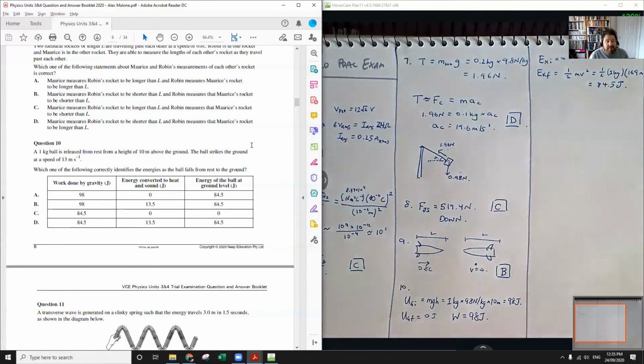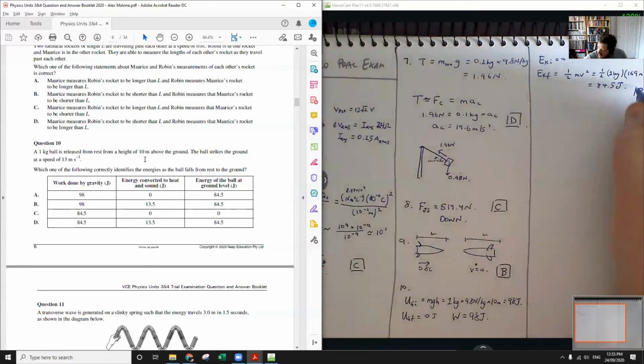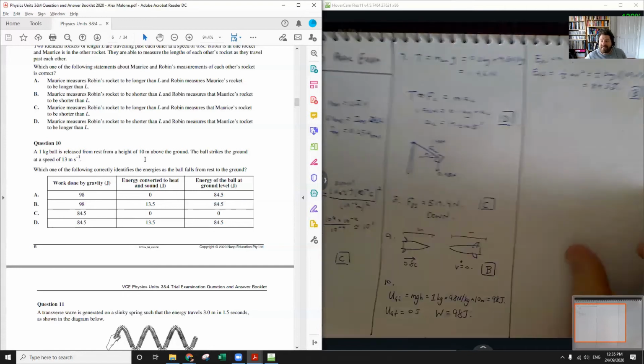Okay, so we know that gravity did 98 joules. We know that the energy the ball has when it hits the ground is 84.5, because it's only got kinetic energy at that point. So the rest must have been converted to heat and sound. Okay. Converted to heat and sound here is just code for friction.